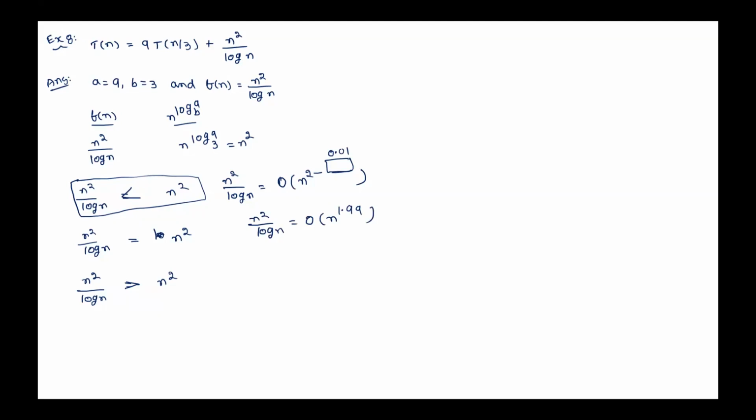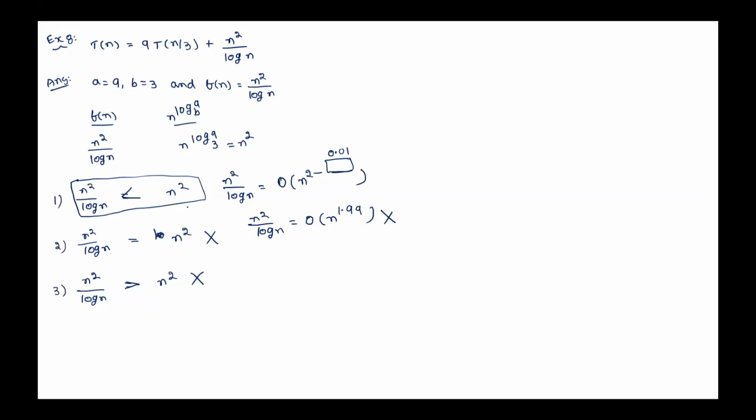This is false. N square by log n being equal to n square is also false. N square by log n greater than n square is also false. That means case 1 is not satisfied, and case 2 and case 3, none of these are satisfied.